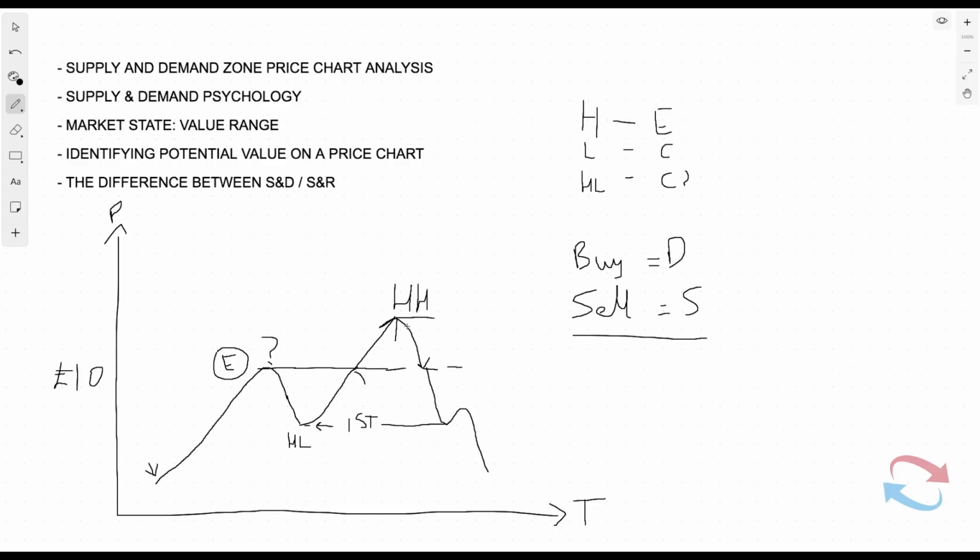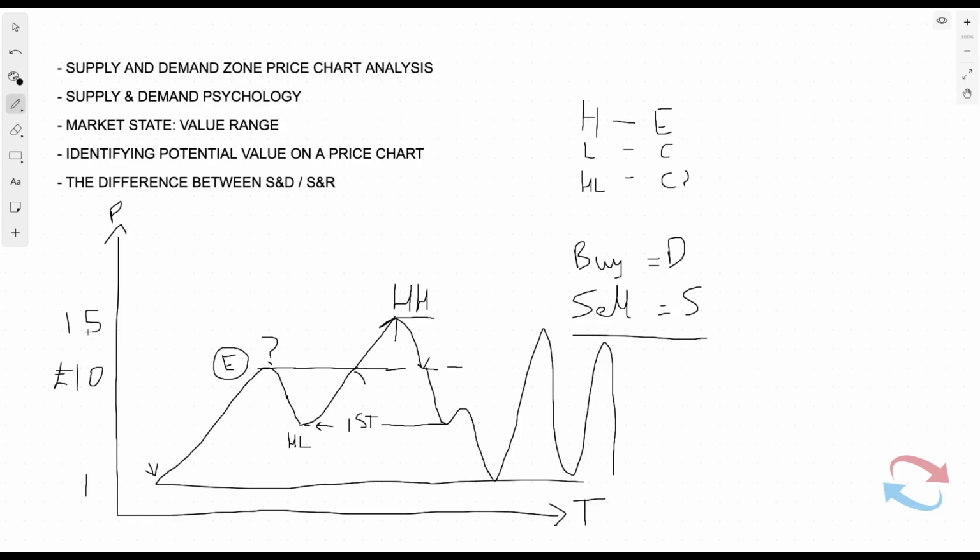But let's say this potential range fails, then your next low to your high, let's say it represented 1, this would be considered the next bargain basement price. And then prices would have to range between the absolute high, which is potentially 15 or 20, whatever it is, and 1, and then we get ranges.